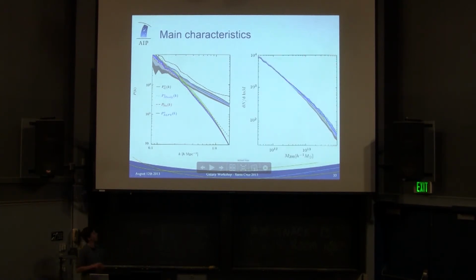The same we did for the mass function. Again, in gray, 1 and 2 sigma of the random simulations, and in colors, the 25 constraint simulations. You can see that they lie within errors of the random simulations. There's still a fluke here at around 2 times 10^13, which might be due to cosmic variance or the particular structures in the local universe, which all of the constraint simulations resemble.